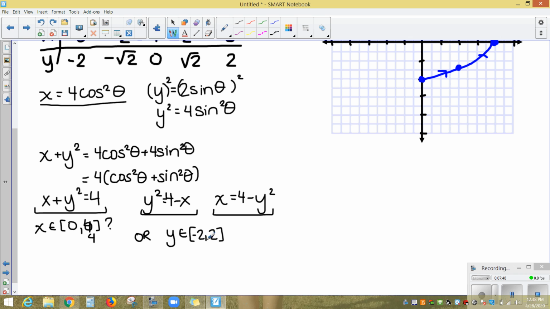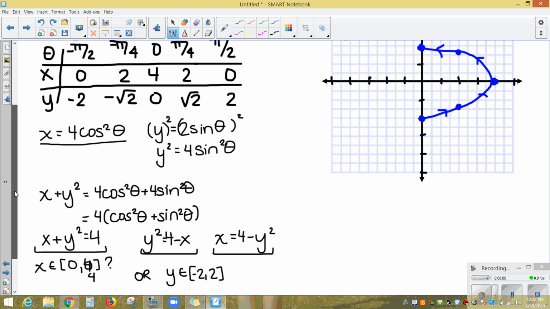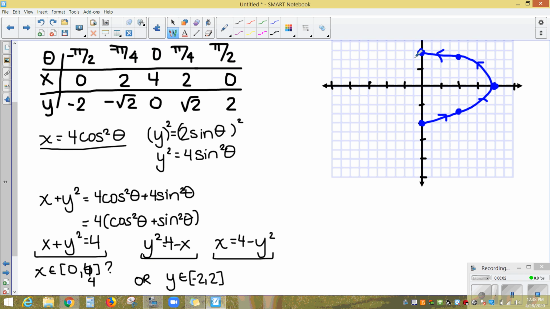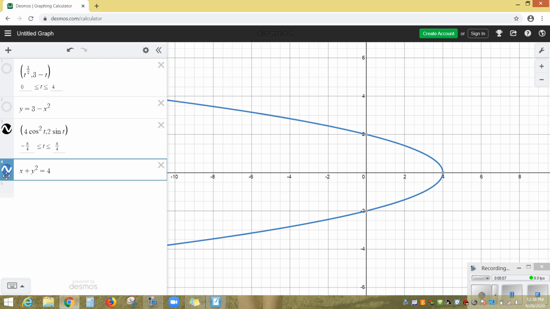And again, you don't have to tell both. You just have to give one restriction or the other. So either tell them the limits on the x's or the limits on the y's, them meaning me or whoever the reader is. Then they'll know that you're only looking at this piece right here and not the entire blue graph.